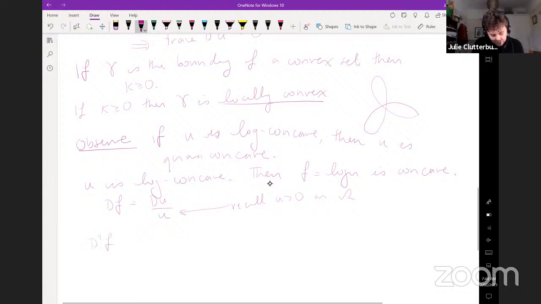Anyway, we can calculate the second derivatives of f, and this is given by the second derivatives of u minus 1 over u squared times the vector product of du cross du.